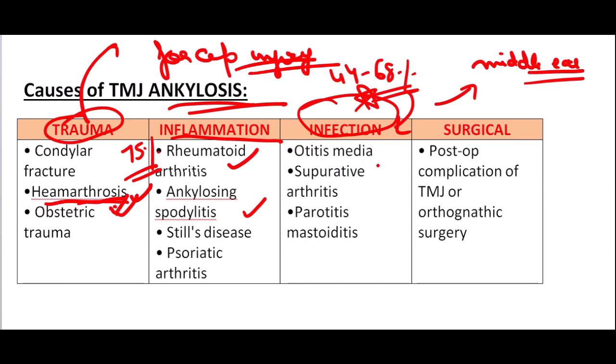That results in narrowing or even complete obliteration of the joint space. In some cases, the bony fusion may extend beyond the joint space. It can involve other structures like the cranial base, sigmoid notch, zygomatic arch, and even part of the skull.